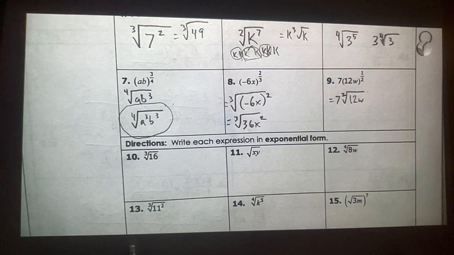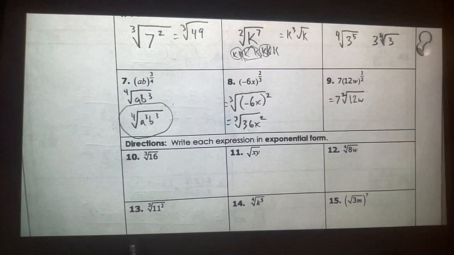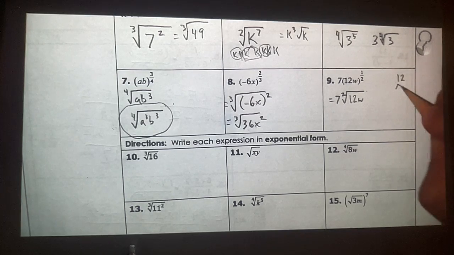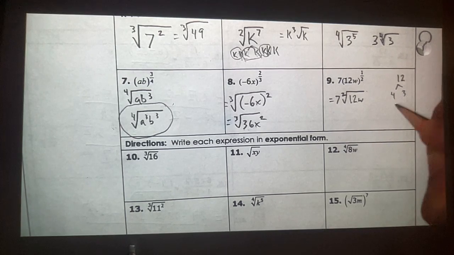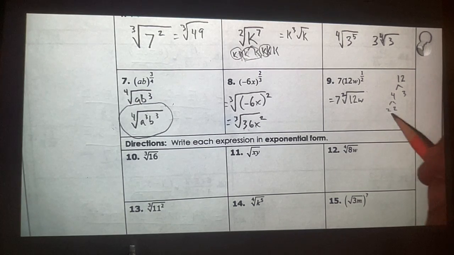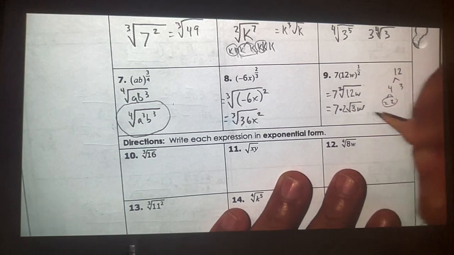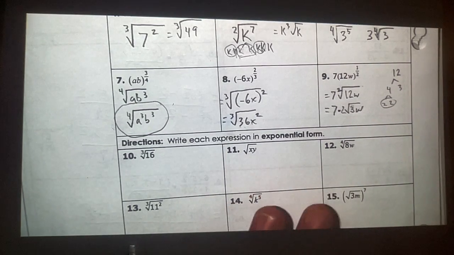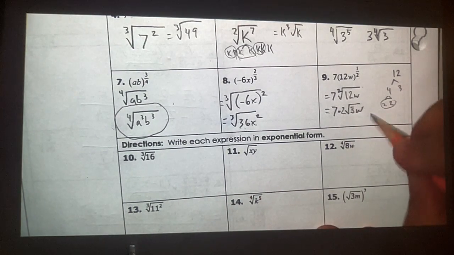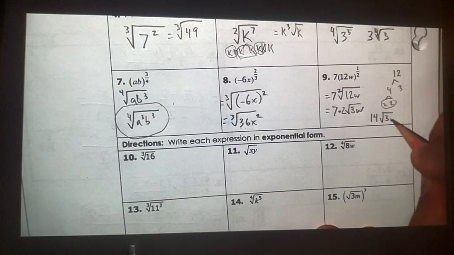This I can break down a little bit more. 12 can break down into 4 and 3, and that's 2 and 2. So I can pull out a 2 and leave a 3W underneath. So my final answer would be 7 times 2 is 14, radical 3W.